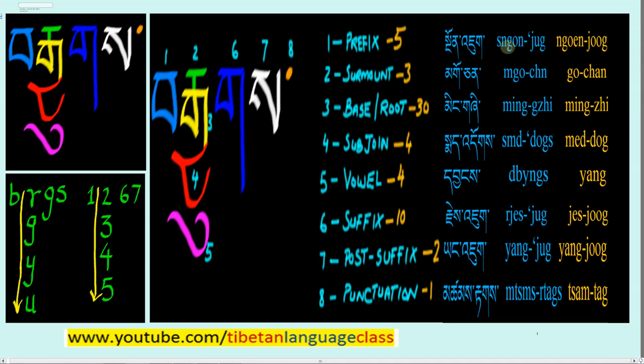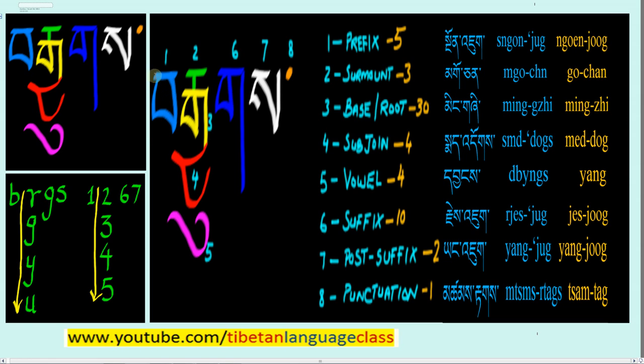And when you pronounce it, it's nga, o, n, juk. So this section right here is how you should pronounce it. This section is exactly how you would write it if you spell it in English, how we spell it in Tibetan.